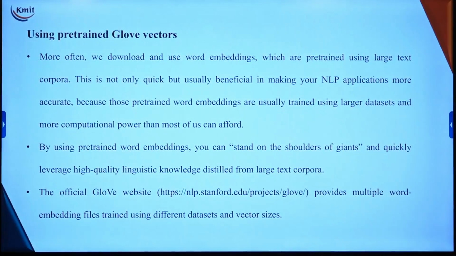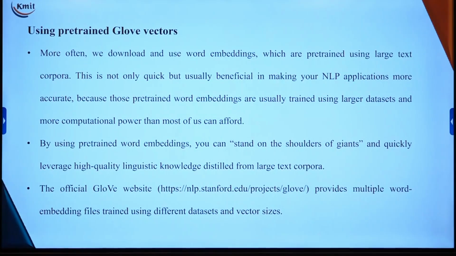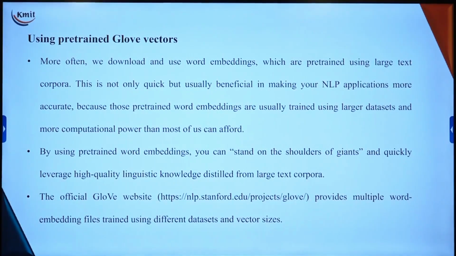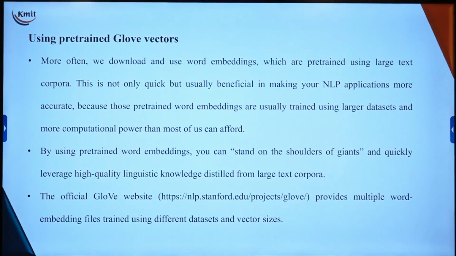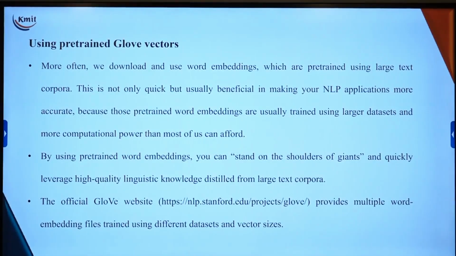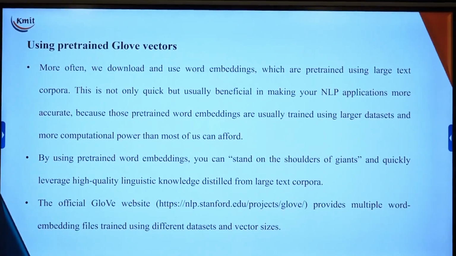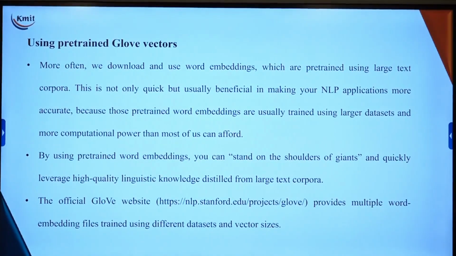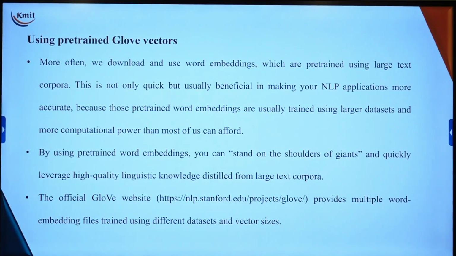Instead of training our own, we use pre-trained models from the large corpora which are available. Using this will benefit us in developing many NLP applications which can be accurate, because pre-trained word embeddings are usually trained on larger data sets, with more computational power than what we can afford. Apart from that, when we use pre-trained word embeddings, you can stand on the shoulders of giants.